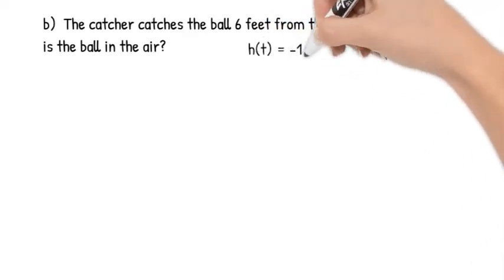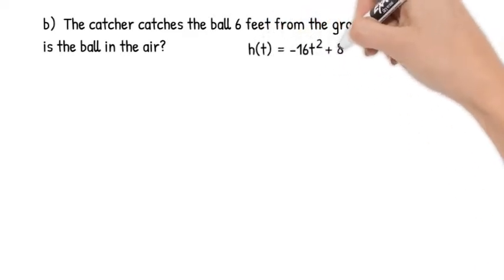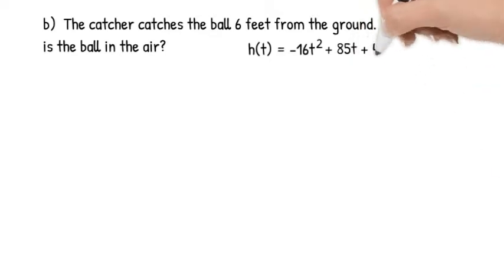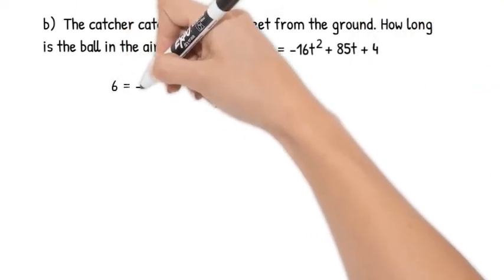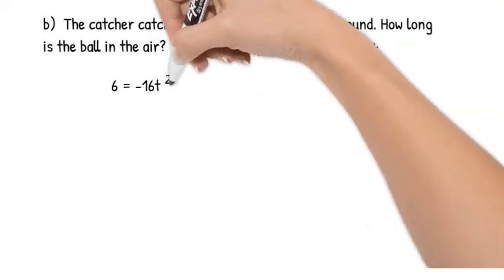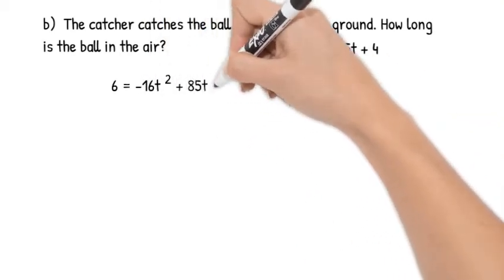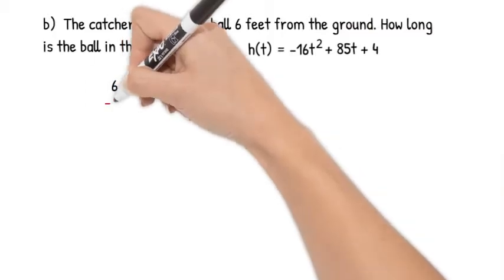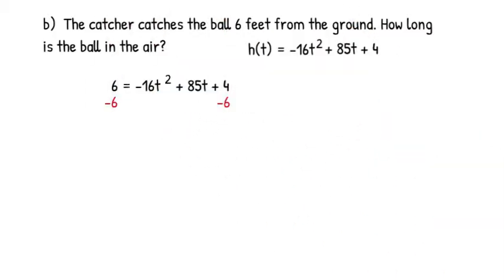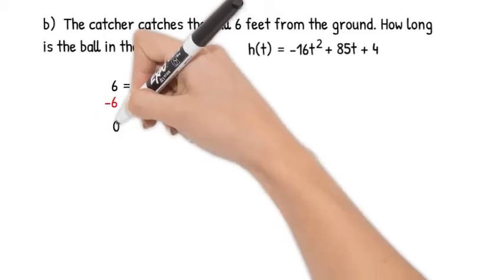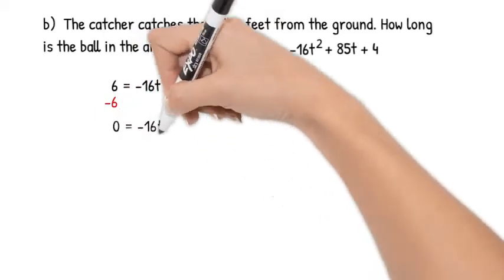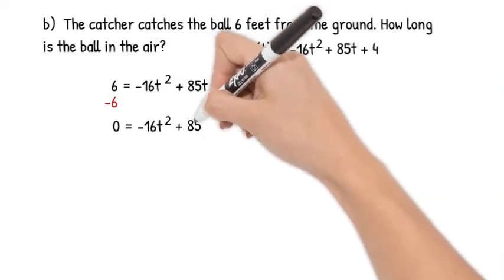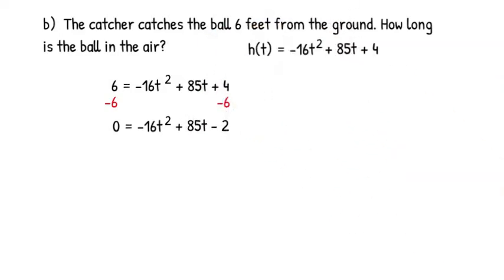So we have our initial equation, negative 16t squared plus 85t plus 4, and that's our height. But our height is 6. So 6 equals negative 16t squared plus 85t plus 4. We need to get it equal to 0, so we're going to move the 6 to the left side by subtracting it from both sides. And we get 0 equals negative 16t squared plus 85t minus 2.